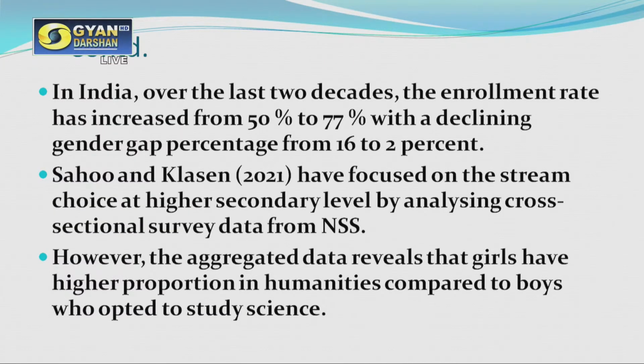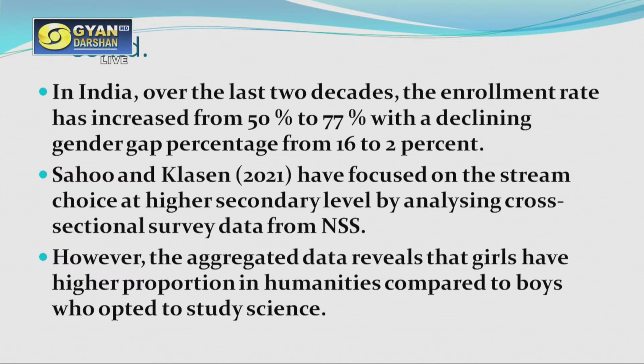So in India, the overall last decades show that the overall enrollment for girls has increased, with a declining gender gap percentage. But there is an interesting study conducted by Sahu and Clayson in the year 2021.